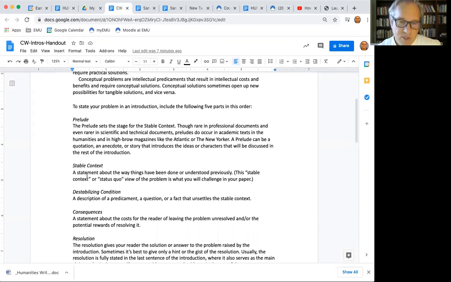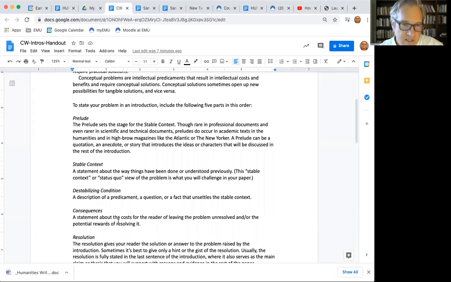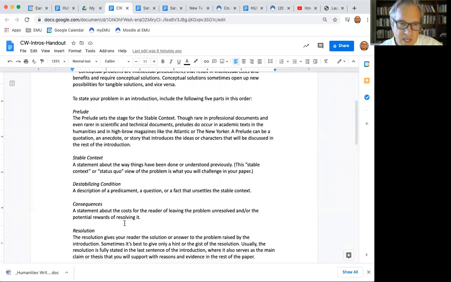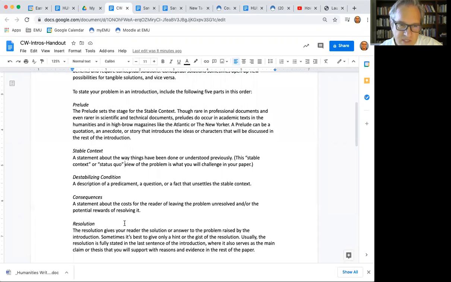So this is a place where you put on the page a fairly expressed description of the view that you're going to push back against in your paper. The destabilizing condition is a description of a predicament, a question, or a fact that unsettles the stable context. Consequences, a statement about the cost for the reader of leaving the problem unresolved and or the potential rewards of resolving it.